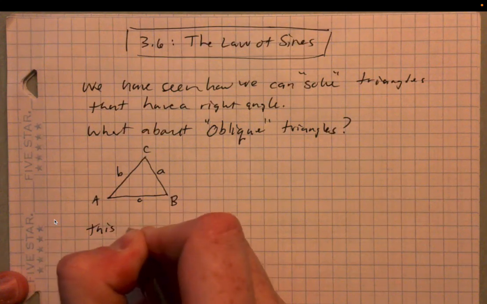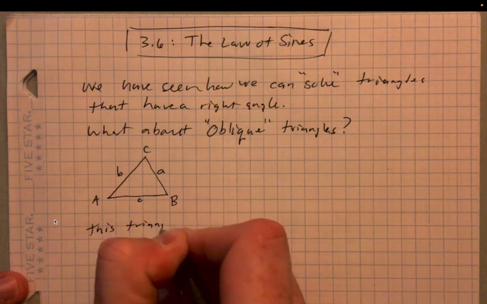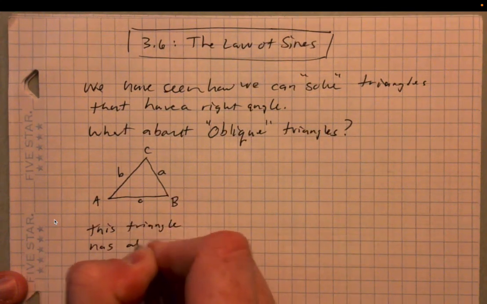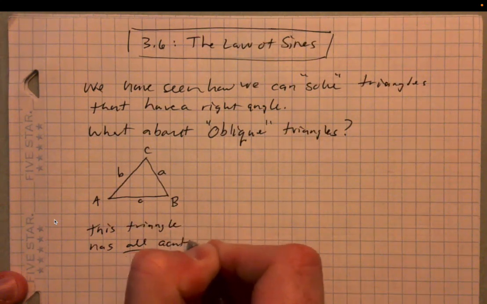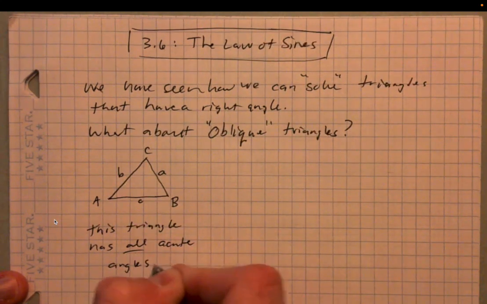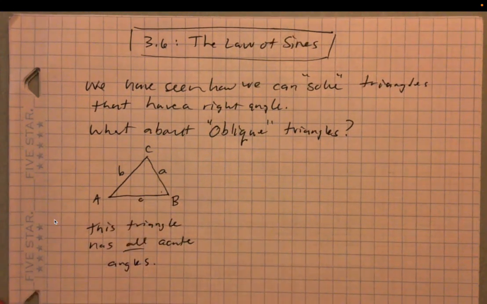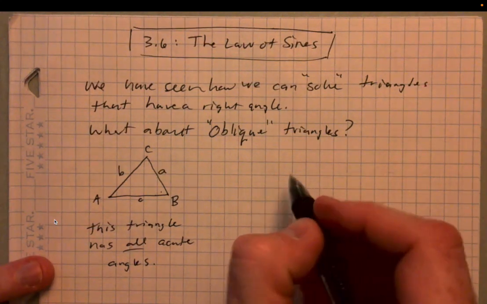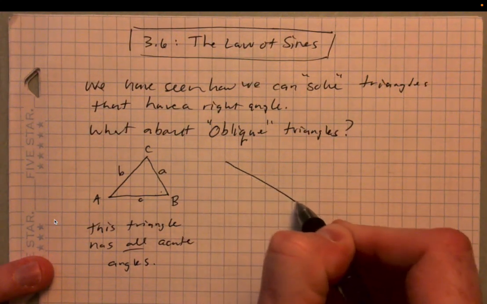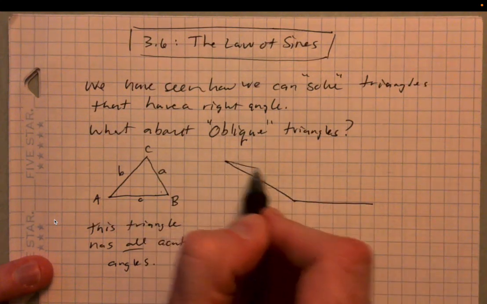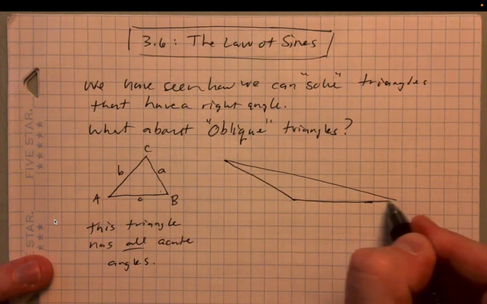So this triangle has all acute angles, right, acute angles meaning less than 90 degrees. This might be 60, 60, 60, for example. The other option would be when you have triangles that look more like this. They maybe have a more stretched out appearance.